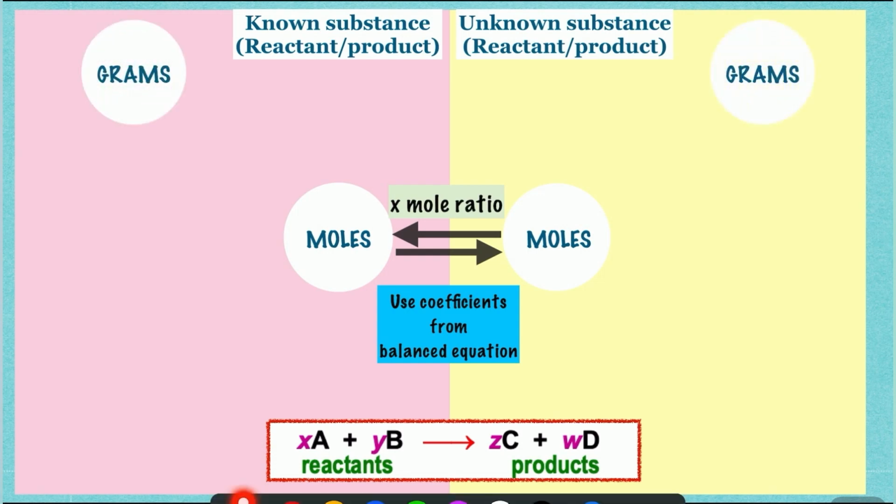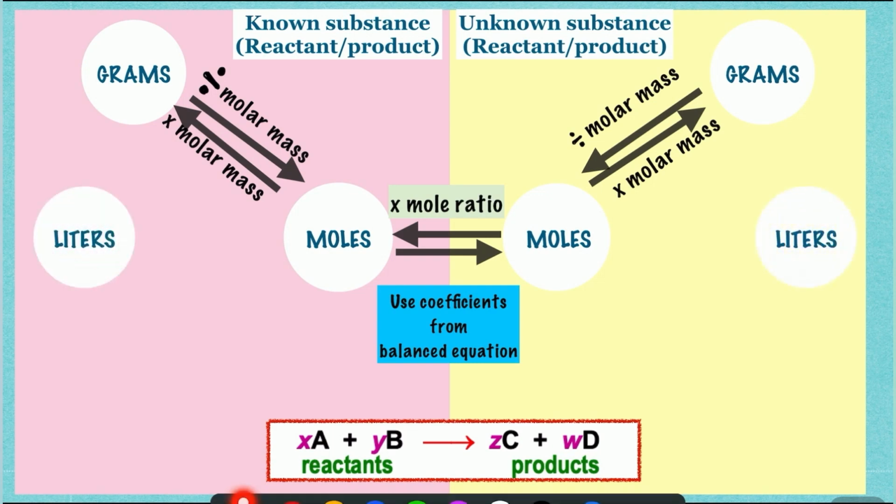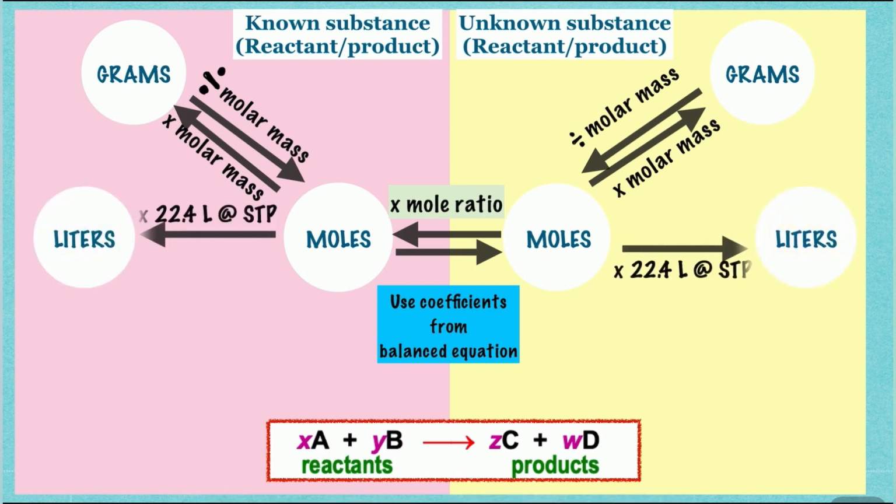From the mole, you can get the mass by multiplying by the molar mass. And if you are given the mass, you can get the mole by dividing by the molar mass. For the volume at STP, to get the volume of the solution or gas, mole times the molar volume.